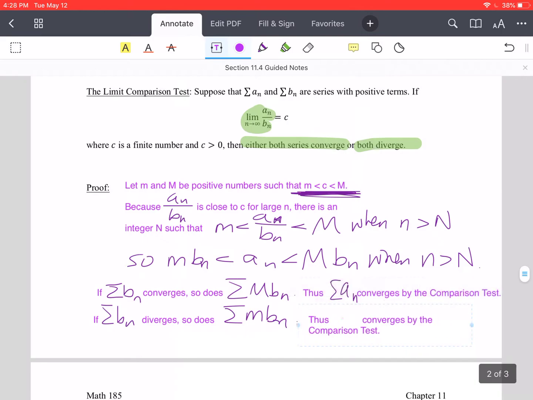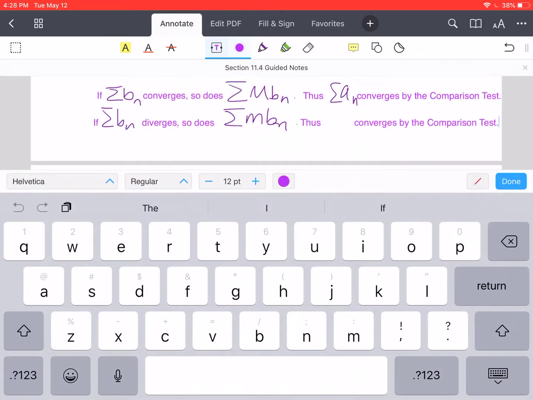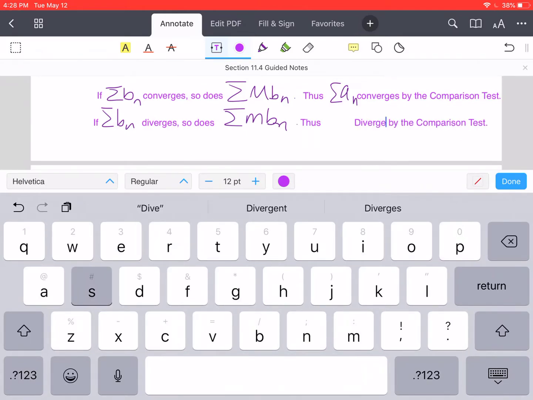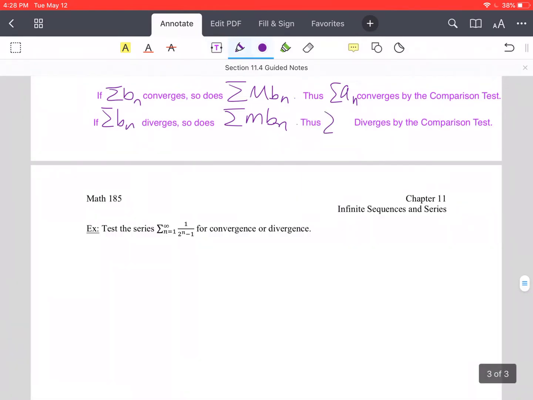Then we can say that A also diverges by the comparison test.